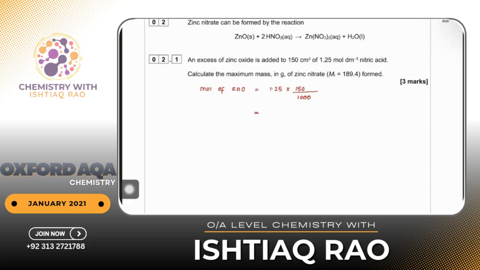So what's the answer? 1.25 times 150 divided by 1,000 is 3 over 16, or 0.19 mole.